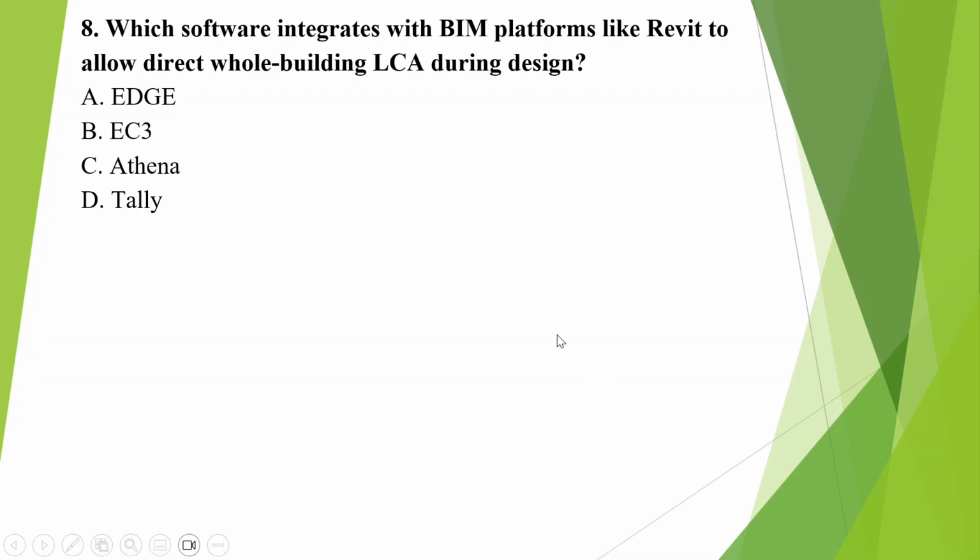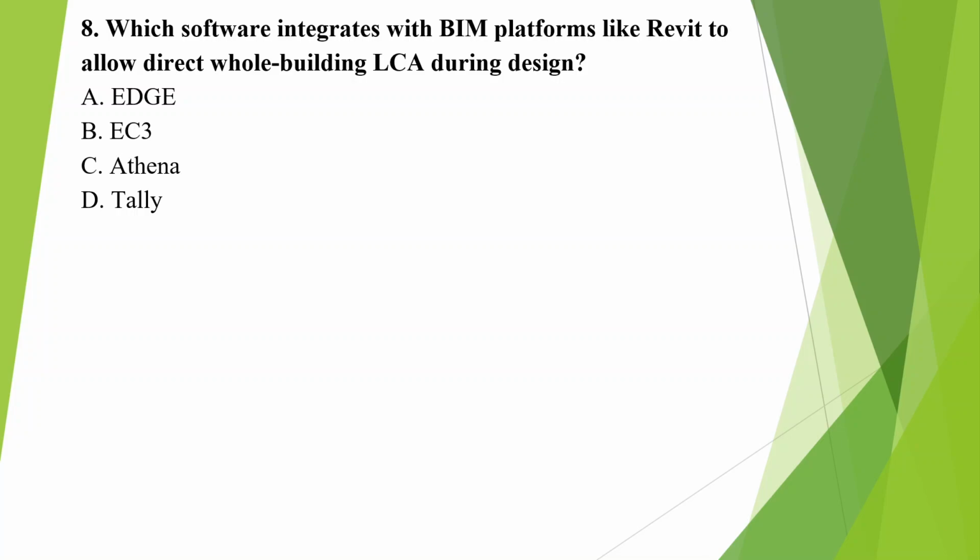One Click LCA is the correct answer for this question, but it has not been mentioned in any of the options. When it is talking about the Revit platform, this comes in two softwares. One Click LCA is one of the software, but this option is not mentioned. Another is Tally, option D. Option D is the correct answer.